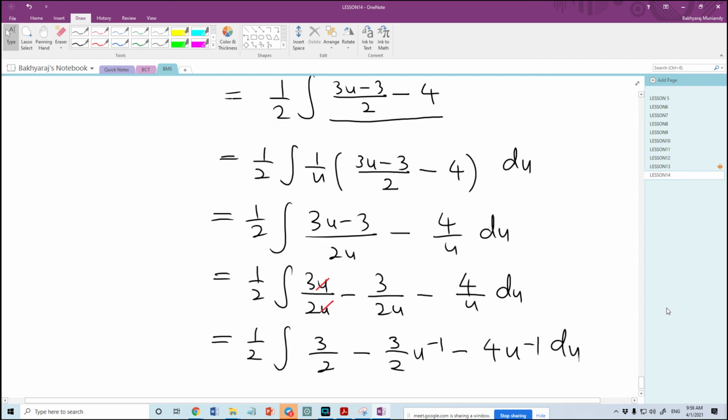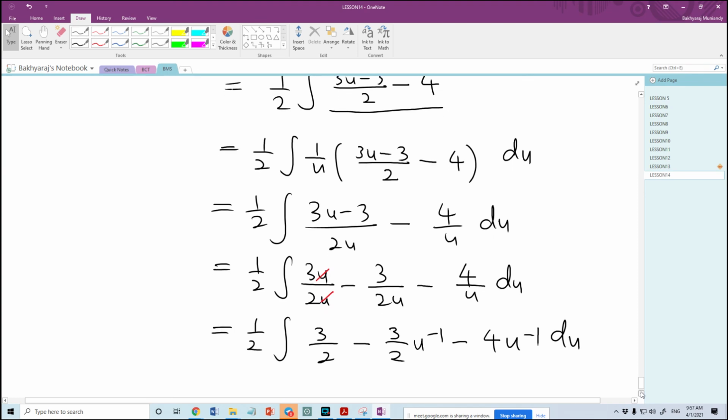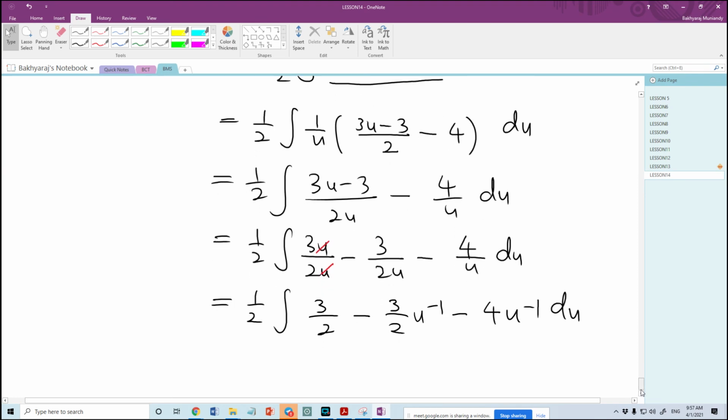Now I go for the last answer. So the last answer will be 1 over 2 bracket, 3 over 2 becomes 3 over 2 u minus. Oh, but here these two are the same. Actually these two are the same. Negative 3 over 2 minus 4, you get 11 over 2 log u.